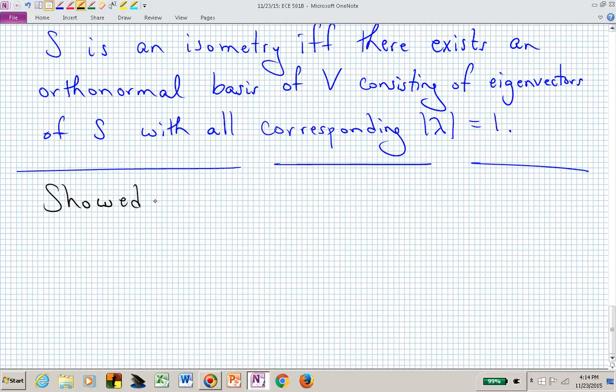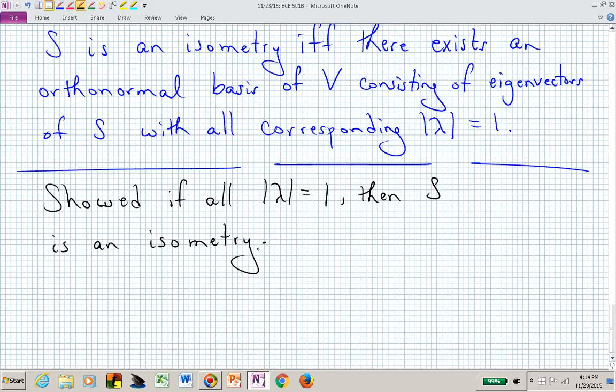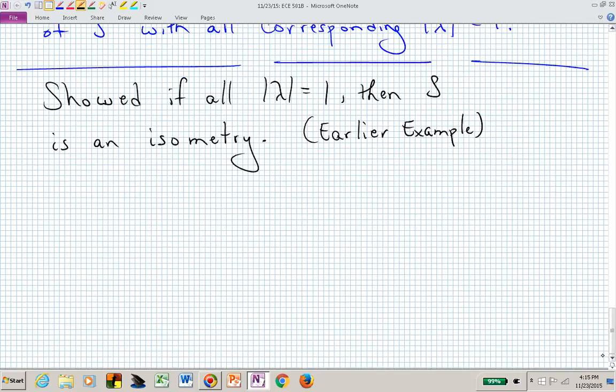We showed if the eigenvalues all have a magnitude 1, then this linear operator S is an isometry. That was from an earlier example, and now what we want to do is go in the other direction.